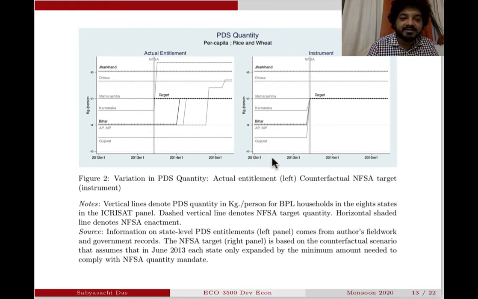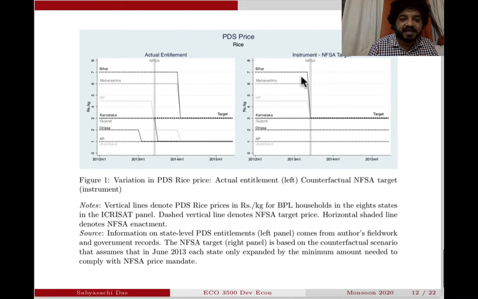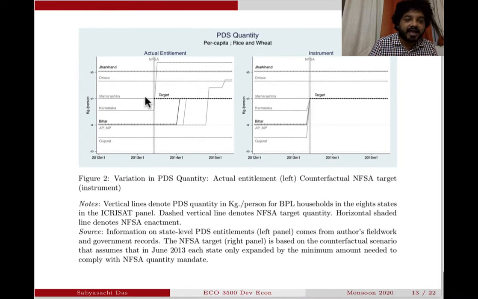So this quantity and this price are used to calculate the T NFSA, and the actual prices and actual quantities are used to calculate T actual, and this T NFSA is an instrument for T actual, right?